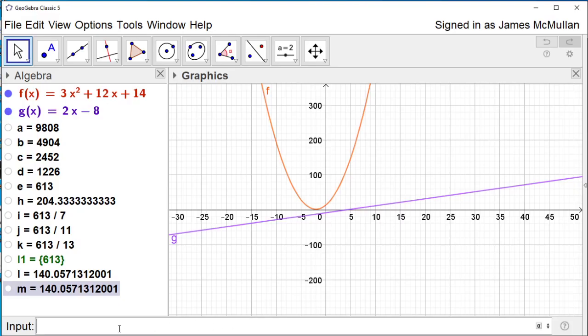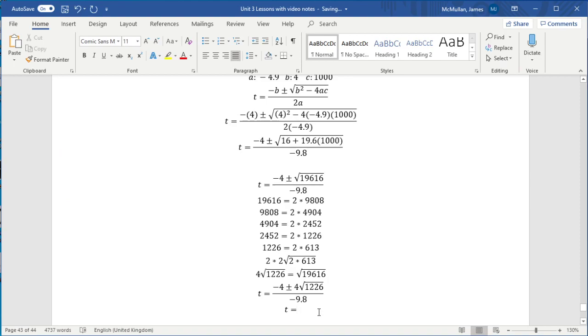Let's just get the calculator to tell us the answer from here. So let's start with negative 4 plus square root 19,616 divided by negative 9.8. Okay, it gives us negative 13.883. Oops, sorry.